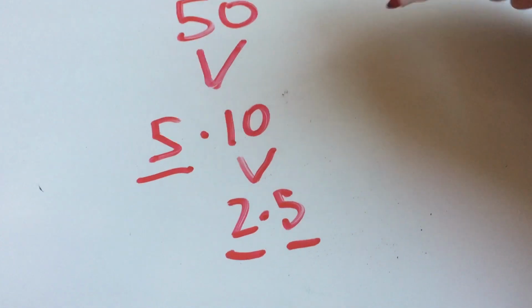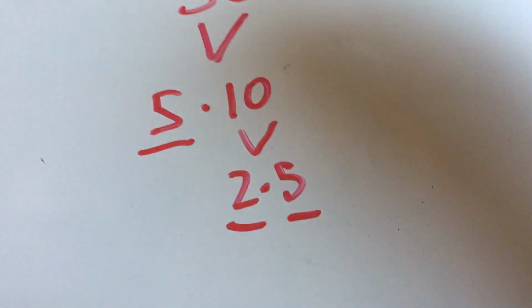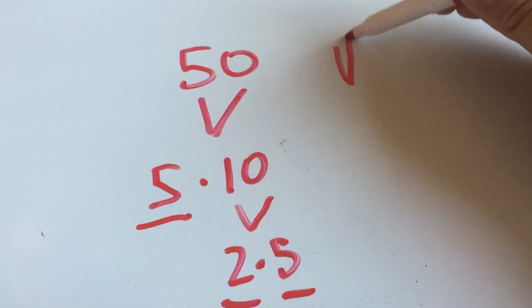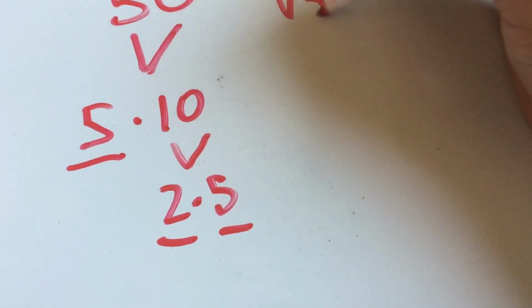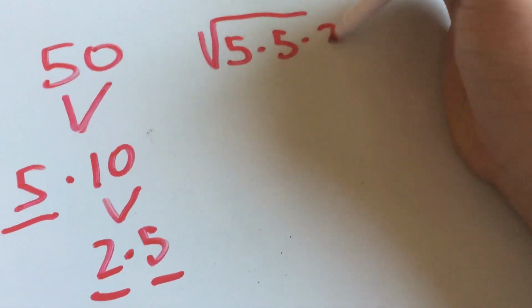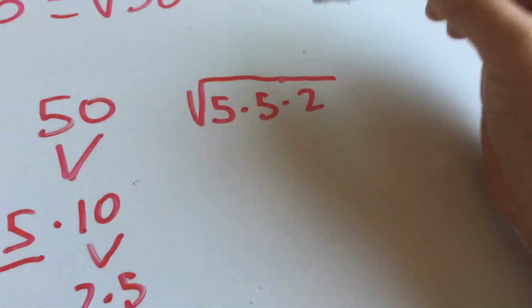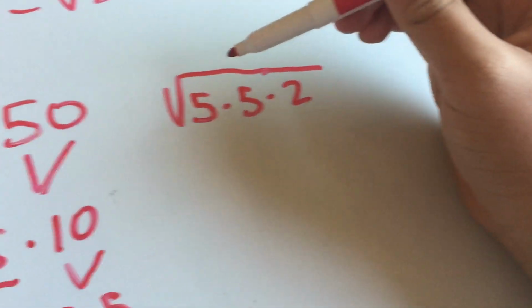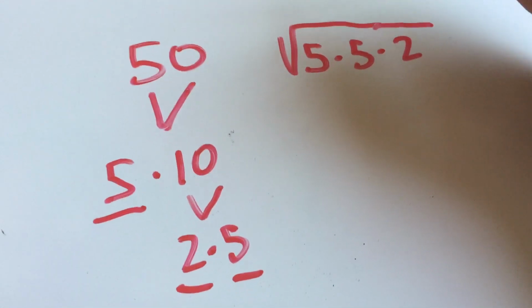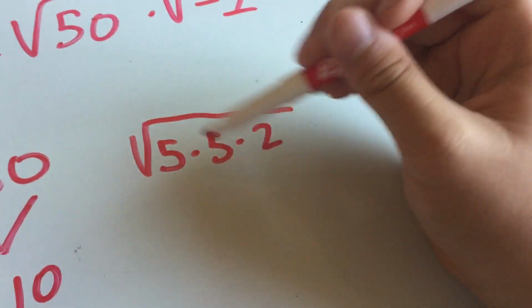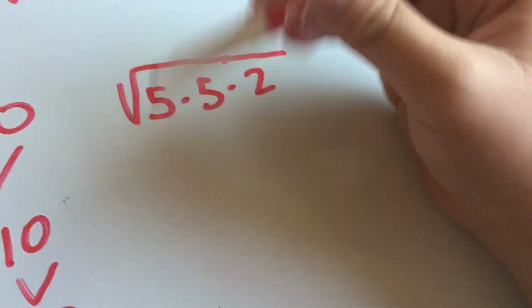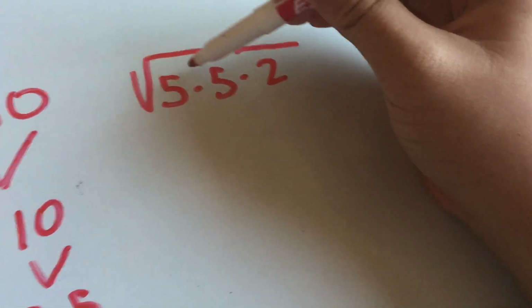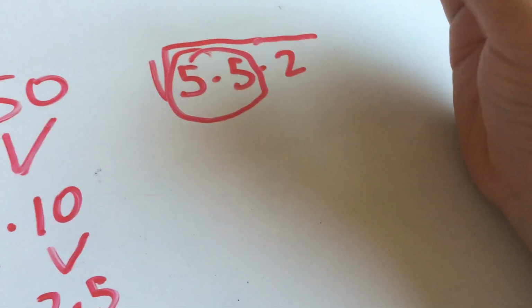So we can write it as the square root of these three numbers: 5 times 5 times 2. Since these are the same two terms, we circle those two.